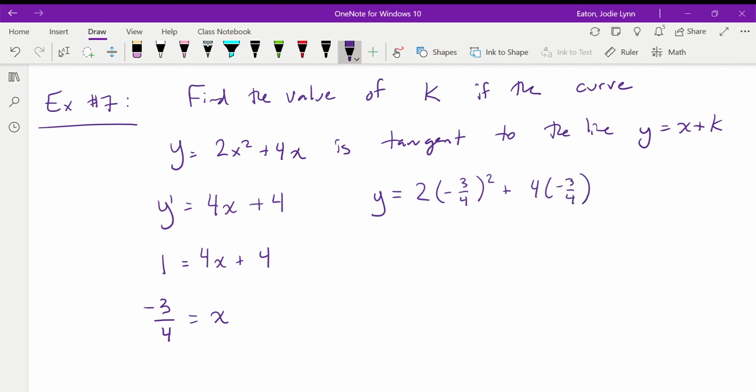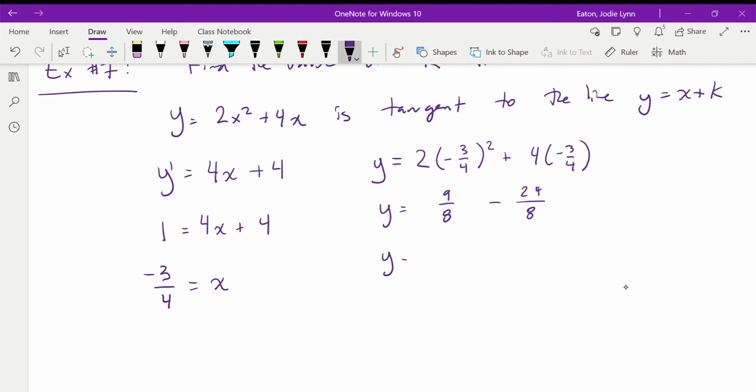So negative 3/4 squared is 9/16 times 2 is 9/8. Y equals 9/8 plus minus 3. And if we're going to rewrite 3 in eighths, it's going to be 9/8 minus 24/8, and 9 minus 24 is negative 15. So y equals negative 15 eighths.